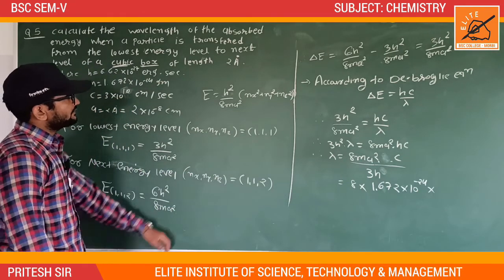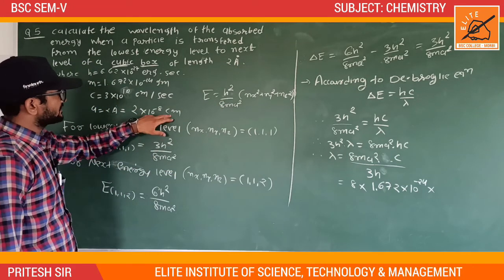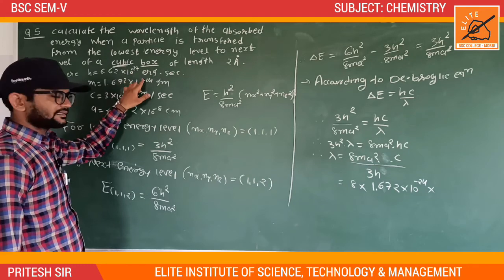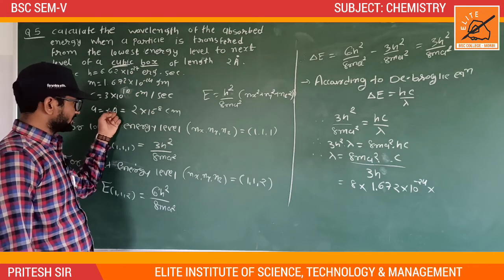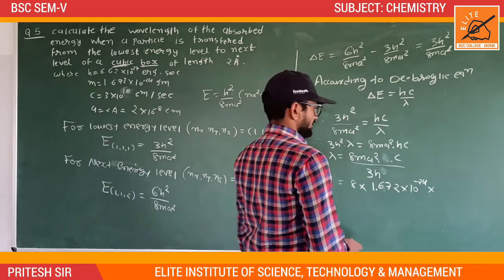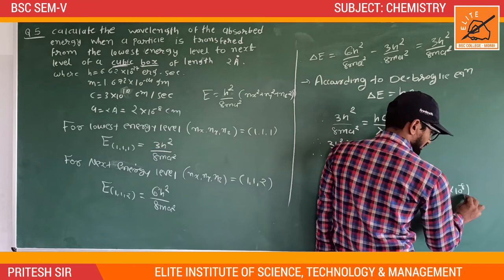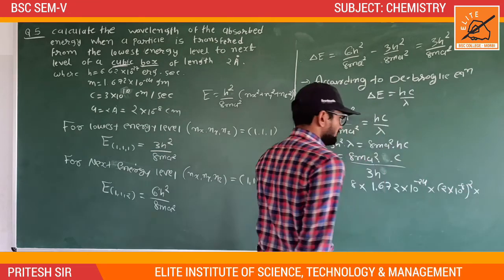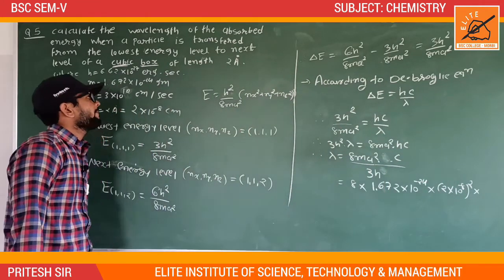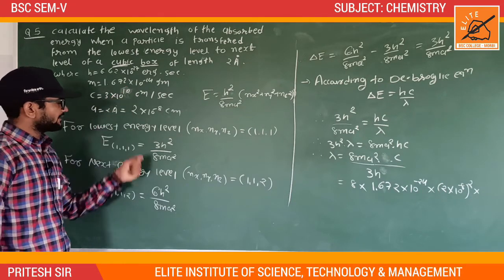The value of a is 2 angstrom. I convert angstrom into centimeter because all units are in CGS. So a is equal to 2 into 10 to the power minus 8, squared, and the velocity of light c is equal to 3 into 10 to the power 10.